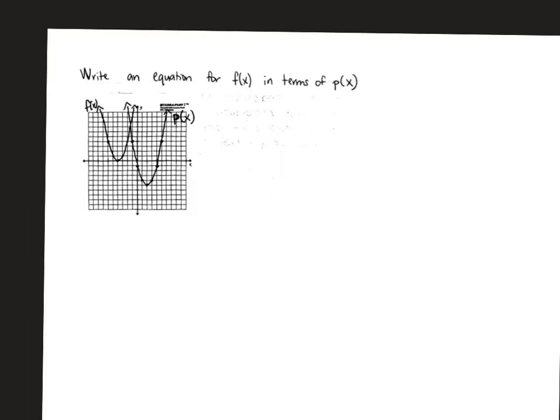Okay, so we need to write an equation for f of x in terms of p of x. So we need to start at p, and p is here. The reason I could tell is because they have p of x written next to this line. So I'm going to take this very bottom point, and I'm going to count and figure out how it got to the vertex, so the same bottom point of f of x.